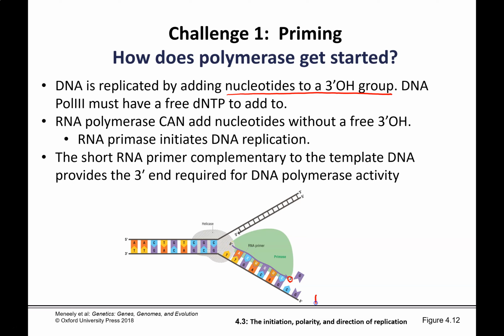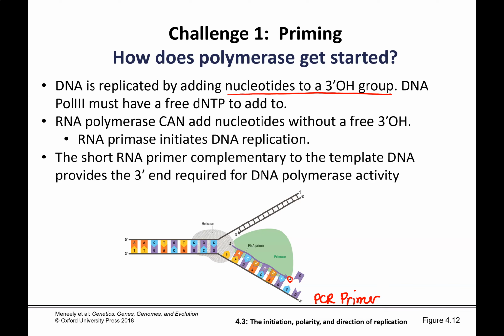Now, this is analogous to that PCR primer that I told you about, where we essentially start adding little nucleotides in there. The PCR primer comes as a packet, but our RNA primer is going to be made up of little nucleotides that are added without that 3' end.